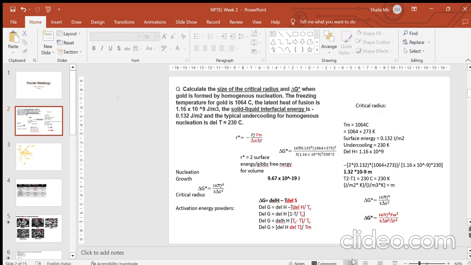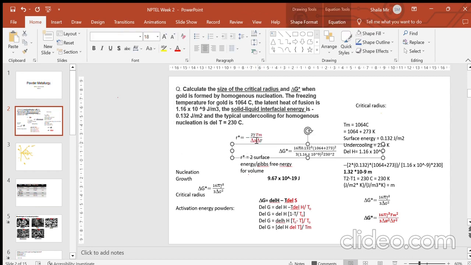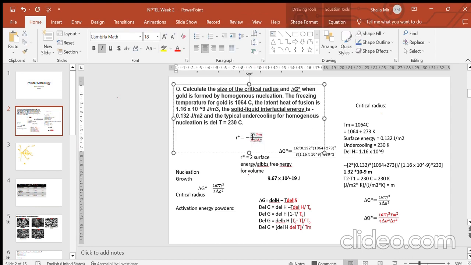Ma'am, do we need to remember these formulas if you give the question? For example, for critical radius, you have to remember it. There's no other way. But for this type of formula, like D equals A by omega, that's simple.